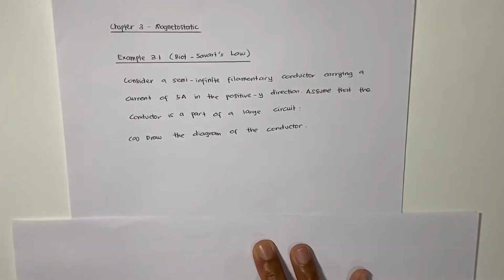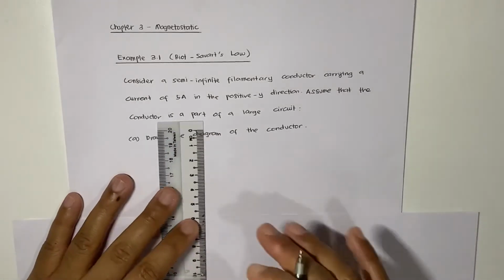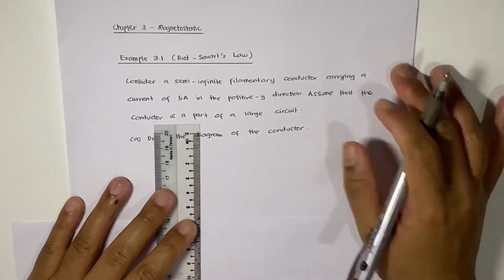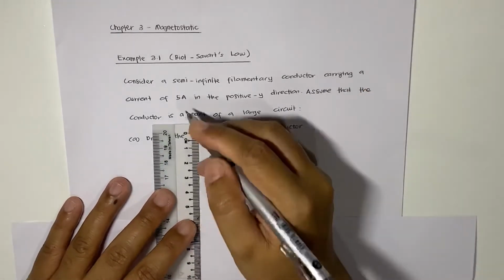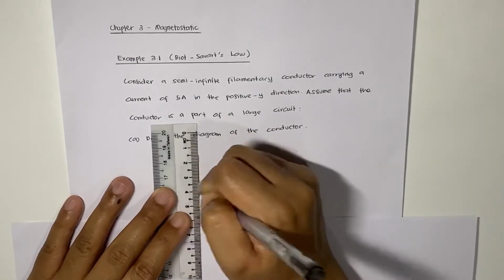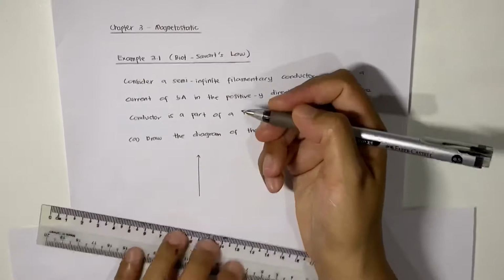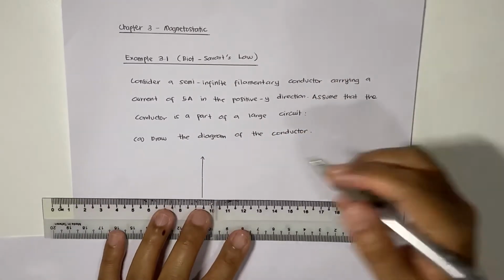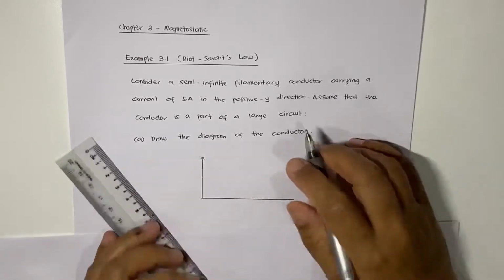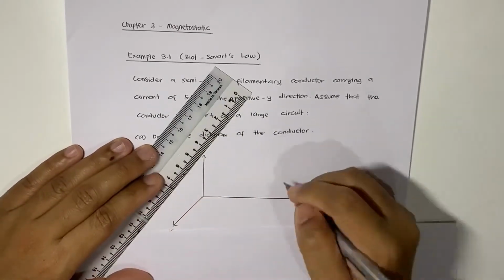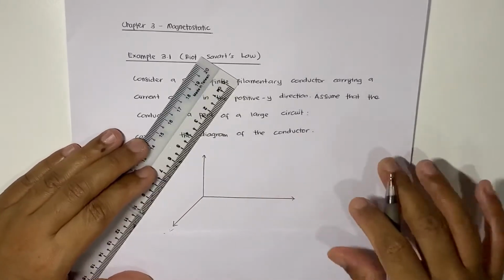So the first thing is you need to follow the instruction and draw the conductor on the Cartesian coordinate, so I will draw it. This is the Cartesian coordinate.